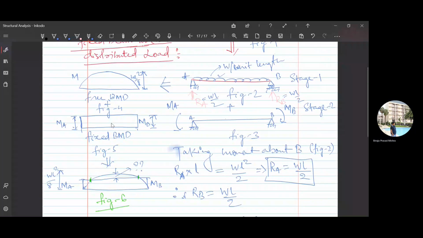It is, something is there, 2 by 3, 4 by 3, 5 by 3, 6 by 3, what? What is that value? 4 by 3 pi r cube. Then, what is the value?